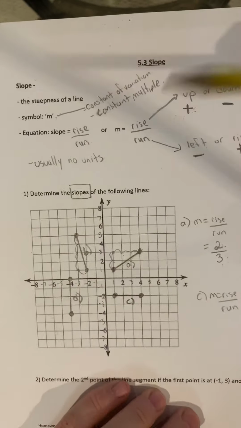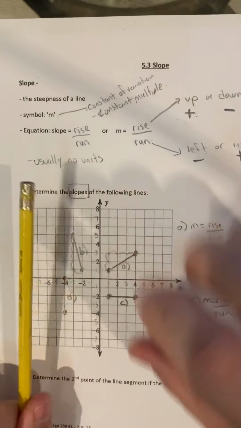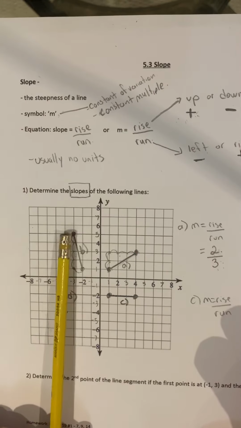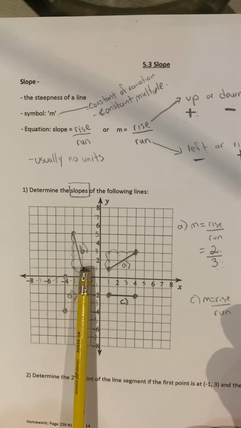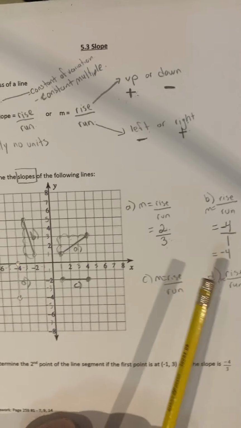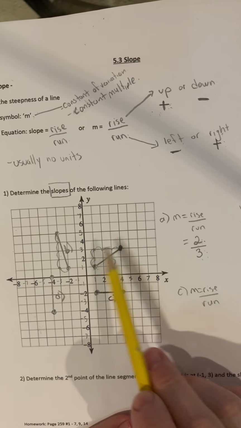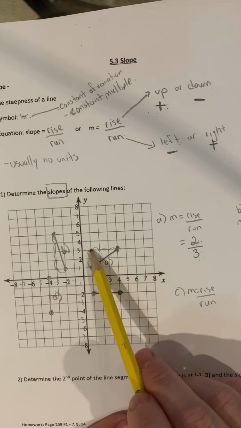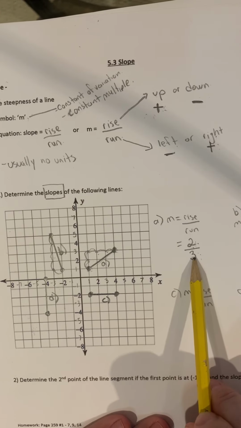Just to confirm that we have a negative here, if we read left to right, our line is going downwards, so that means it is negative. Again, start at 1 point, go up 2, so our rise is 2. Then from here, 1, 2, 3 to the right, so positive 3.